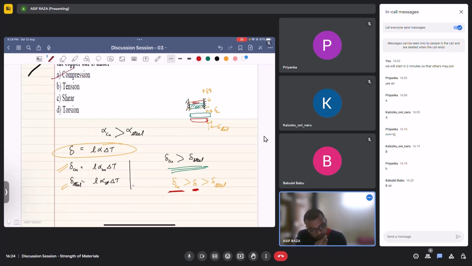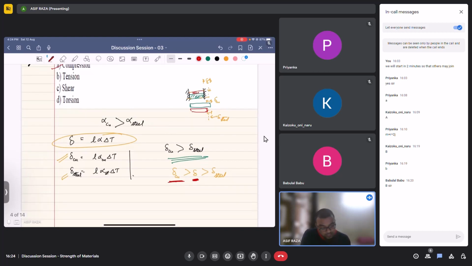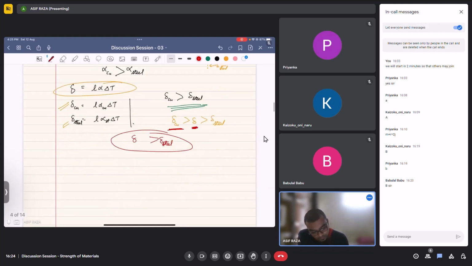For the copper, while in the case of steel, delta steel is less than what is already there in the system. So steel is expanded more than it would have expanded normally. We are extending it, so the steel will develop tension.